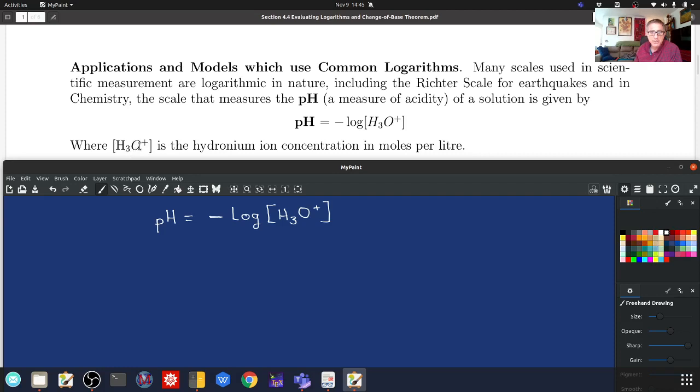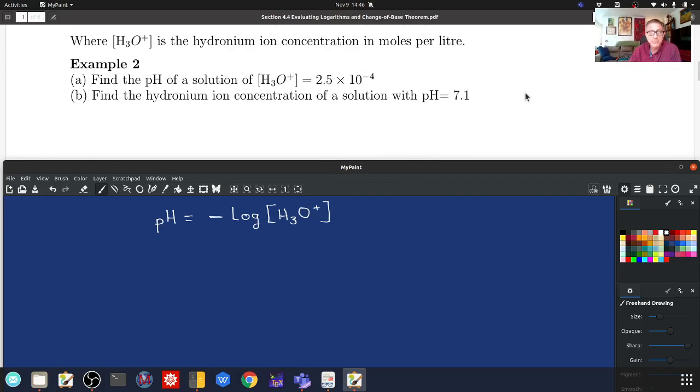H3O plus, the plus indicates it's a positive ion, is the hydronium ion concentration in moles per liter. Now these units, moles per liter, when you actually use calculations like this, if you're in biology or in chemistry, I think this is probably more of a chemistry problem, then those units are really important. But for right now, we're going to ignore the units and just treat them as pure numbers.